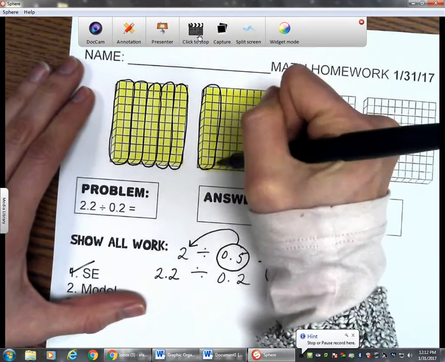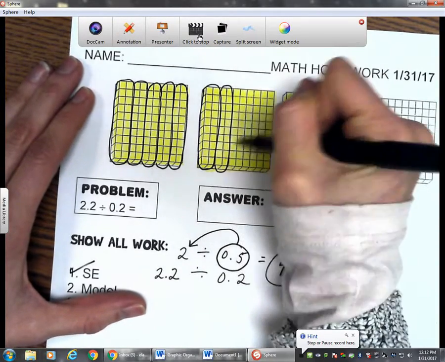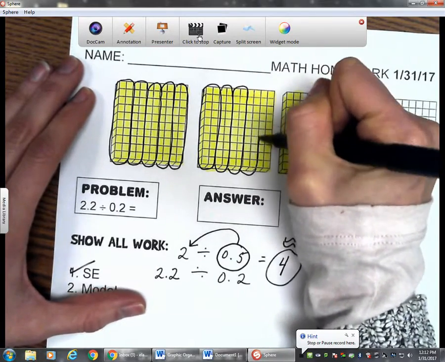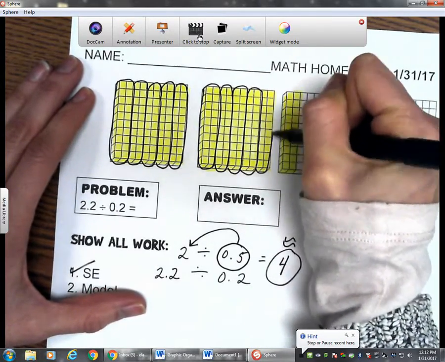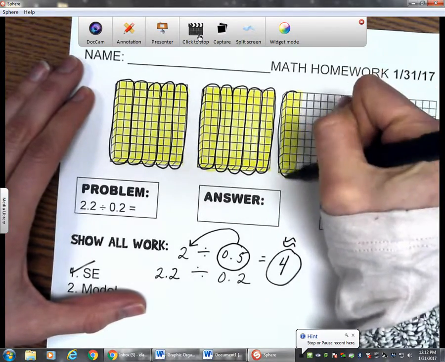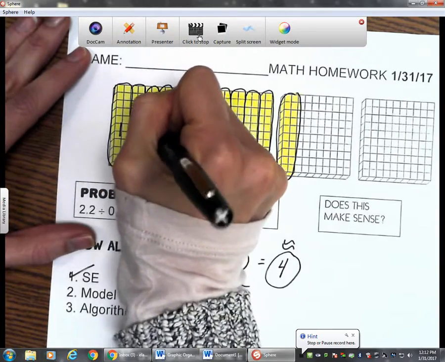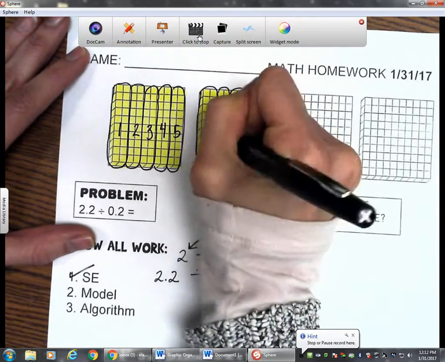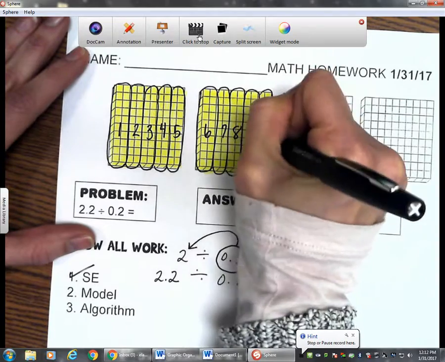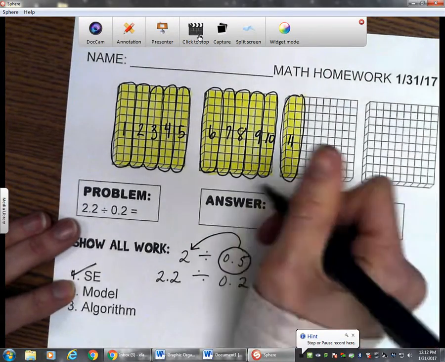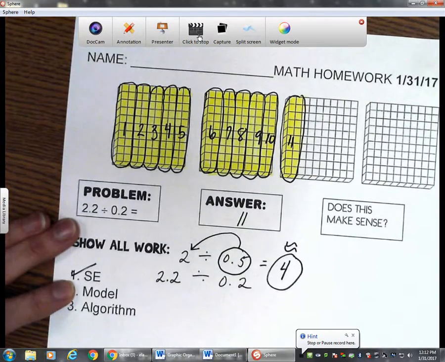This model is the visual representation of 2 and 2 tenths split into groups of 2 tenths. I can see that there are 1, 2, 3, 4, 5, 6, 7, 8, 9, 10, 11 groups formed.